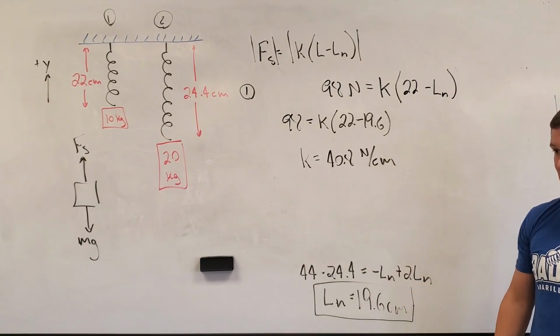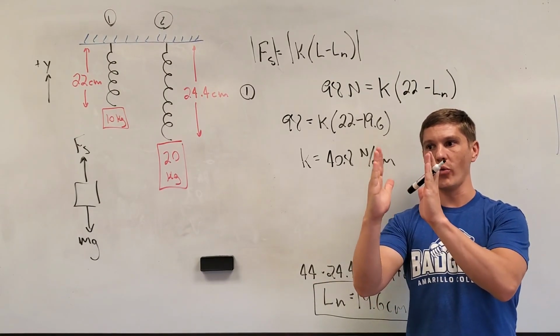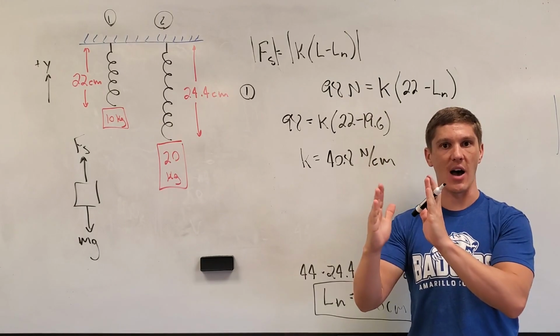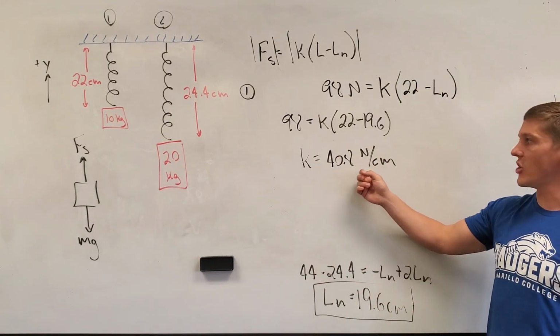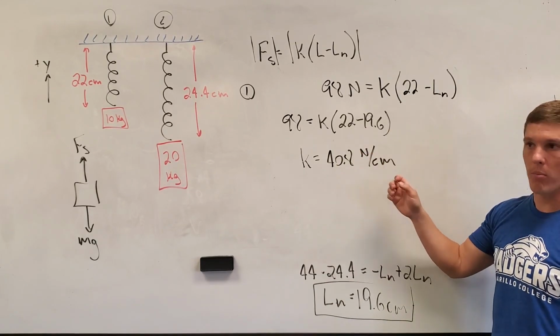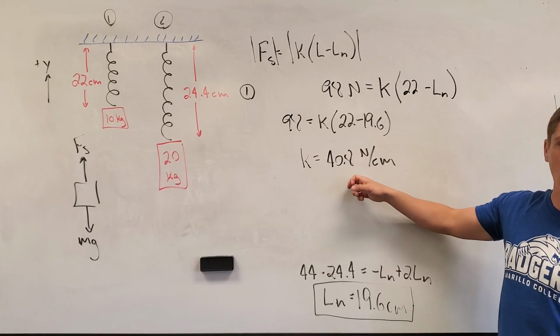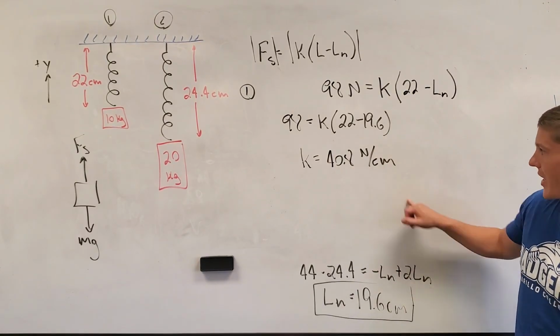It doesn't make a lot of sense to sell springs where you rate them in newtons per meter if your spring is only going to stretch a couple millimeters at a time or a few centimeters at a time. So it's really common to have k values in the newtons per centimeter form.